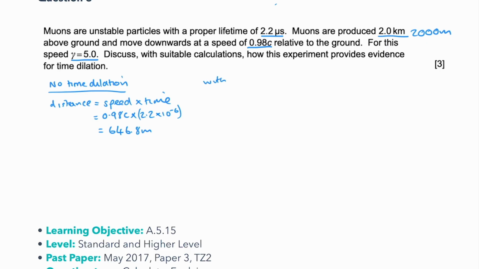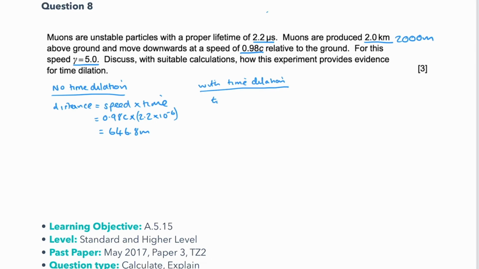With time dilation, and this is us carrying out the calculations they requested, the muon is experiencing proper time, and Earth will experience dilated time. So to find the dilated time, we're looking at 5 times 2.2 microseconds, which gives us 11 microseconds.